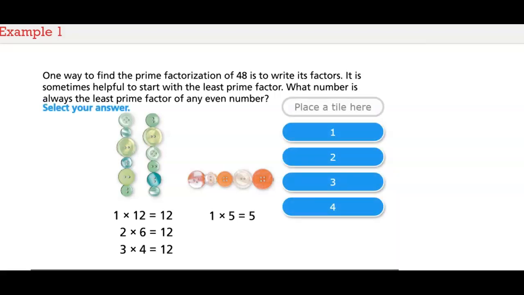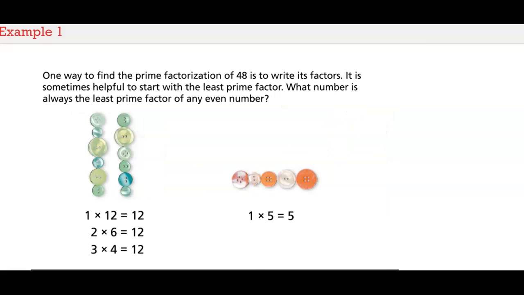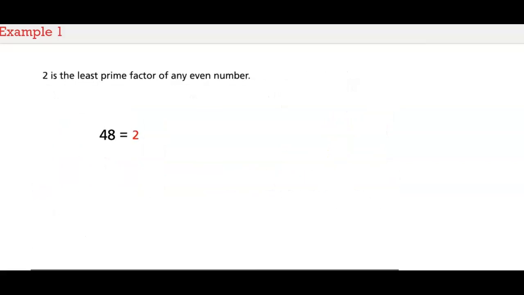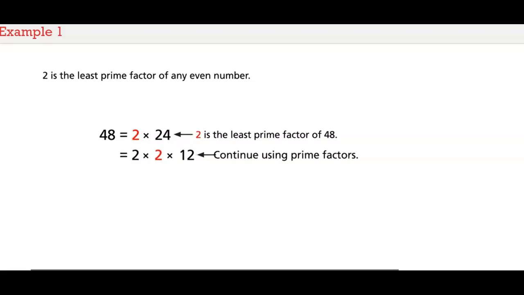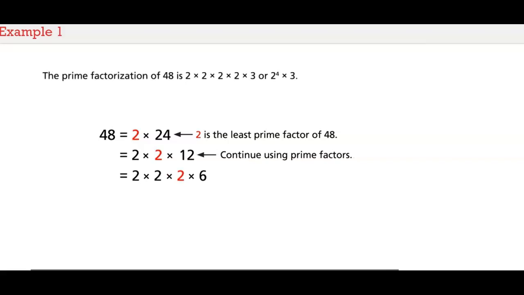Select your answer. 2 is the least prime factor of any even number. The prime factorization of 48 is 2 times 2 times 2 times 2 times 3, or 2 to the 4th power times 3.